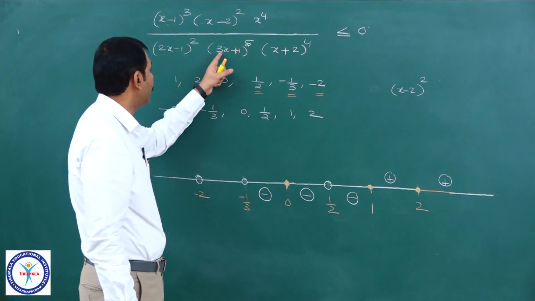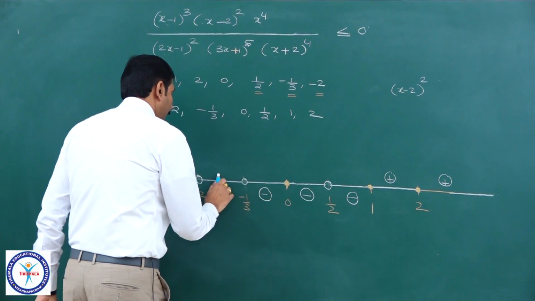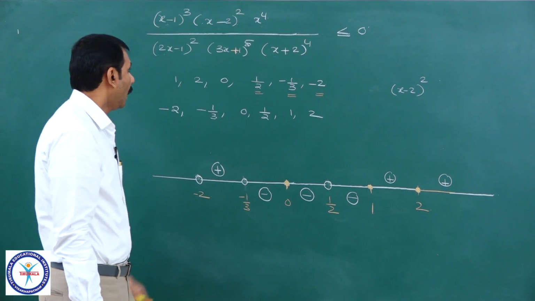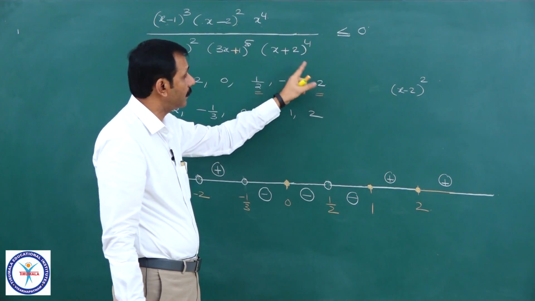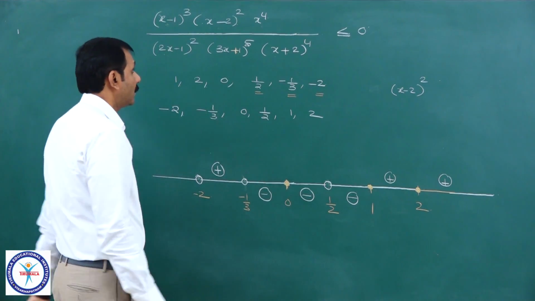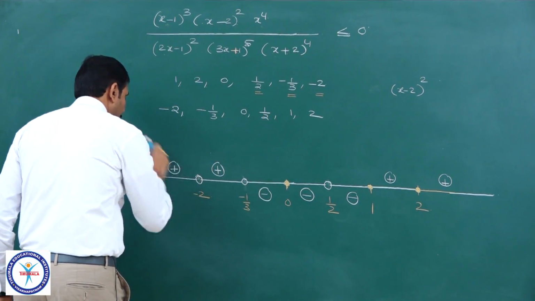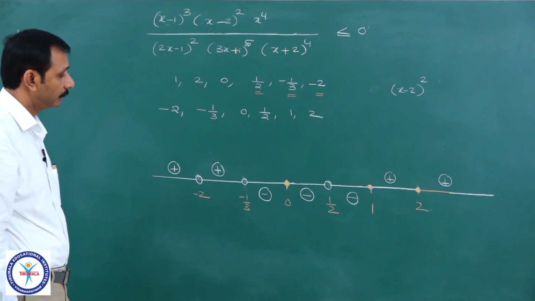Minus 1 by 3 with whole power odd means the sign will change, minus to plus, and next minus 2, x plus 2 whole power 4, the root is 0 at x equal to minus 2, x plus 2 whole power 4 means it is even, the sign will remain the same, plus means plus. That is the sign scheme.